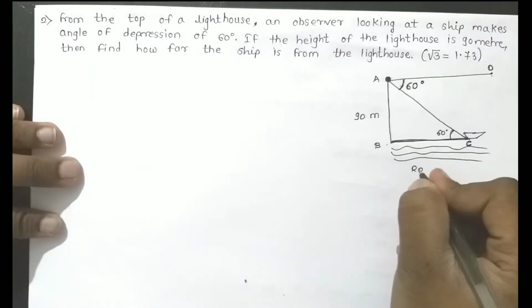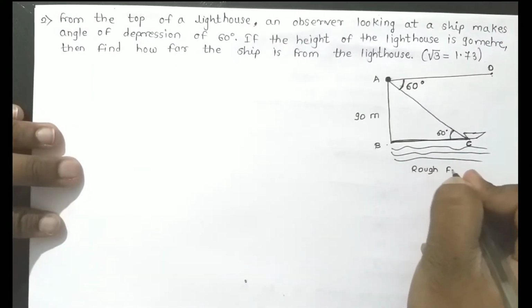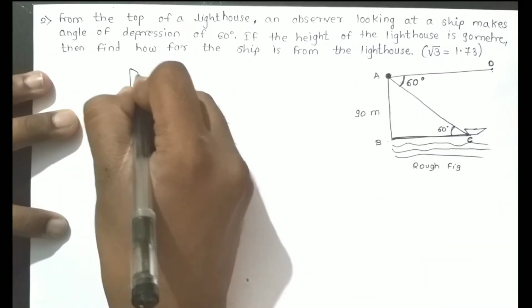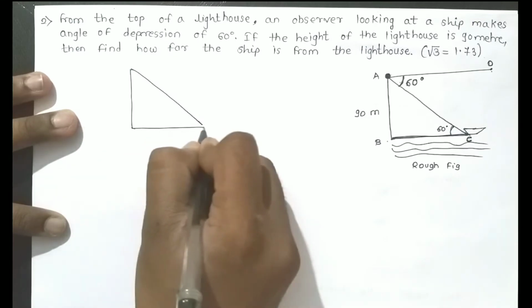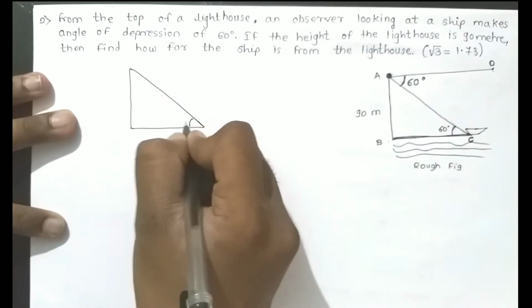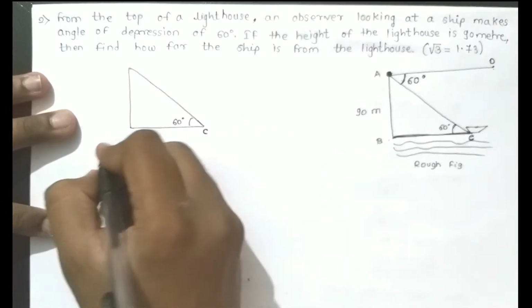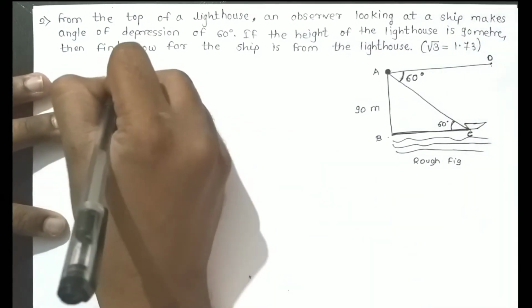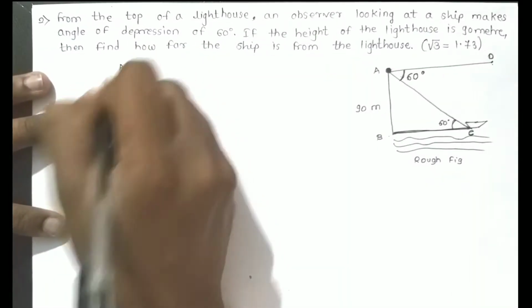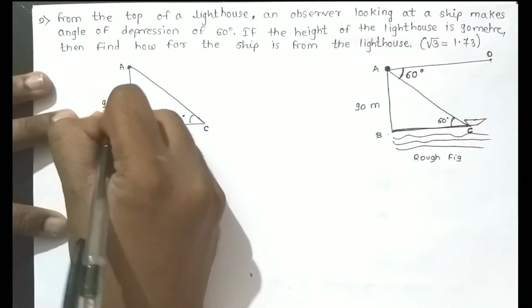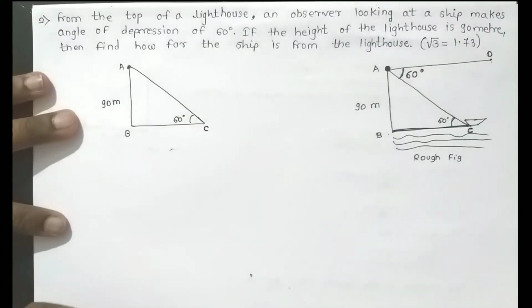Then draw the actual figure like this: ABC. Take theta as 60 degree, C is the position of the ship, AB is the height of the lighthouse, and A is the position of the observer. Height of the lighthouse is 90 meter.